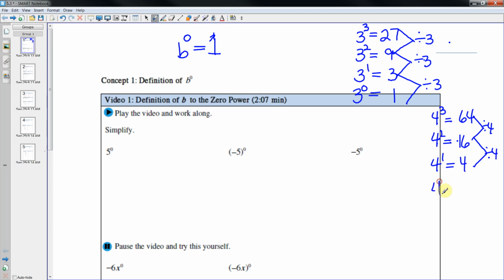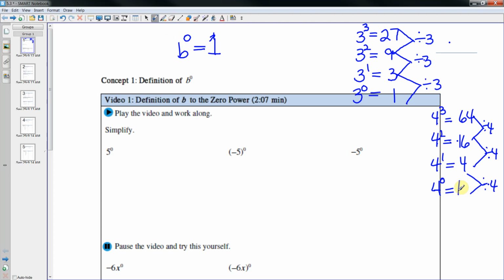So if I go down here to 4 to the 0, 4 divided by 4 is 1 again. So it's the same pattern. You get a 1 each time when you get to the 0 power.